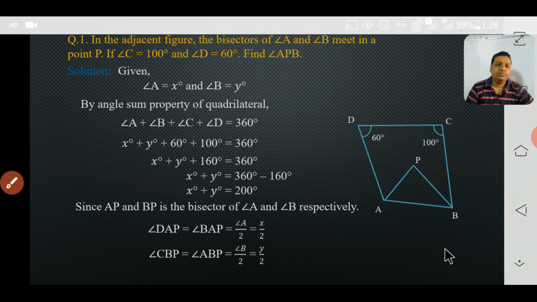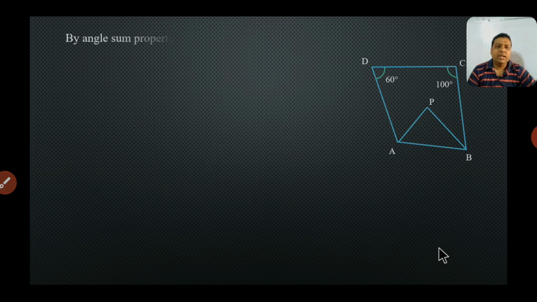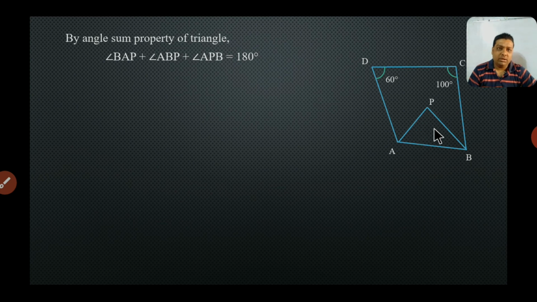Now, by the angle sum property of a triangle, in triangle APB all three angles sum to 180 degrees.